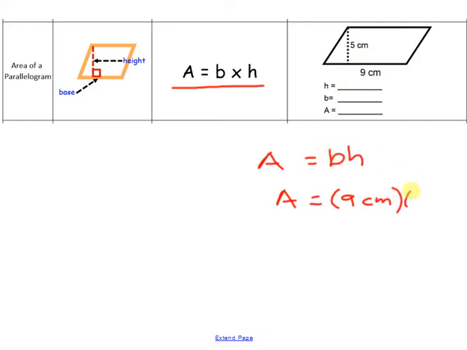When we multiply them together, 9 times 5 is 45, and centimeters times centimeters is centimeters squared. Let me write this in here: 5 cm, 9 cm, and 45 cm squared.